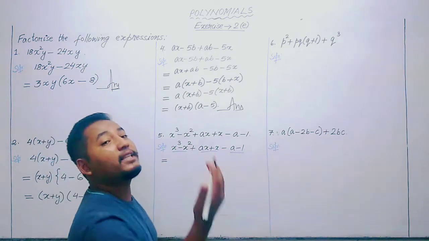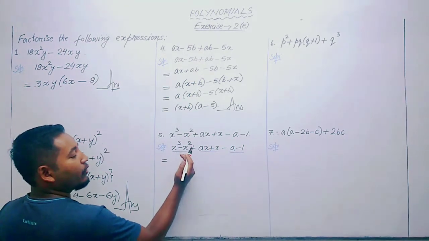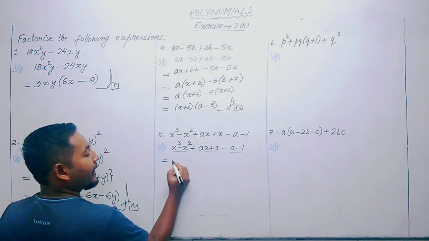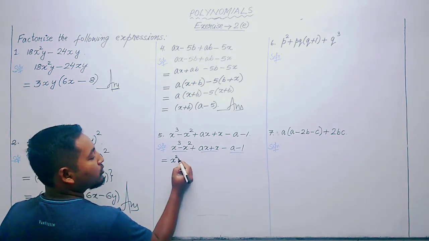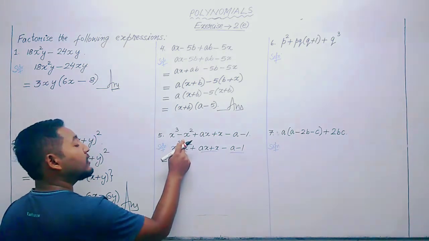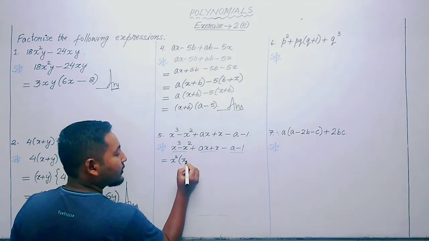You have to take out the biggest common. You have x cube, x into x into x. You have x square, x into x. So I can take out x square outside. So from x cube, 3 times x, 2 times x is outside. What is remaining? Only 1 time x.